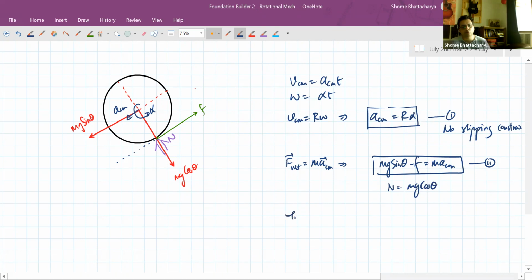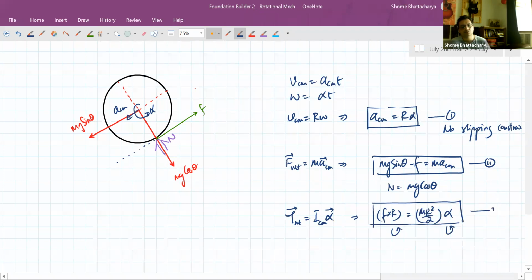And then we have net torque is equal to I alpha. So here the torque is provided only by friction, as you can see. So that should be equal to mr square by 2 alpha. And you can see the sense of the torque is anti-clockwise, so the sense of alpha will also be anti-clockwise. This torque equation becomes my third equation.